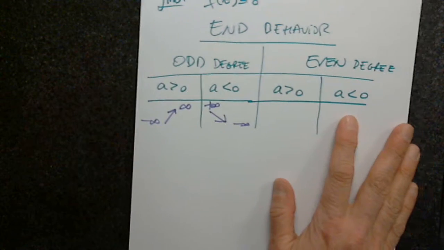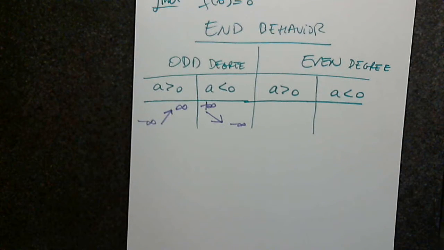What do you think, which function will we compare any even degree polynomial to? Of course, to x squared. If the leading coefficient is positive, what will be the end behavior? From positive infinity to, right. I can't change that, right? What if the leading coefficient is negative?